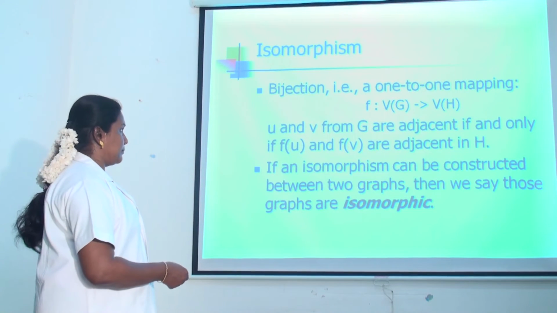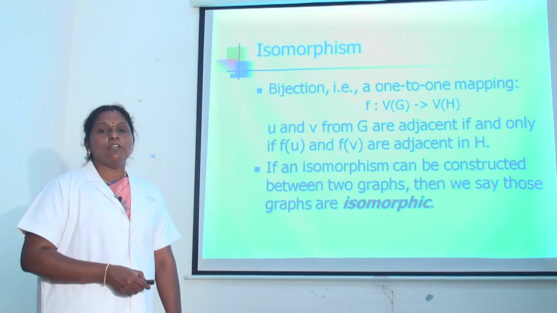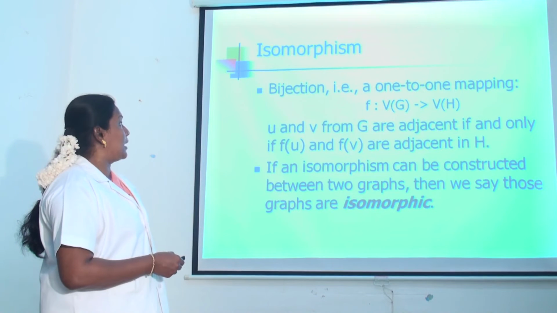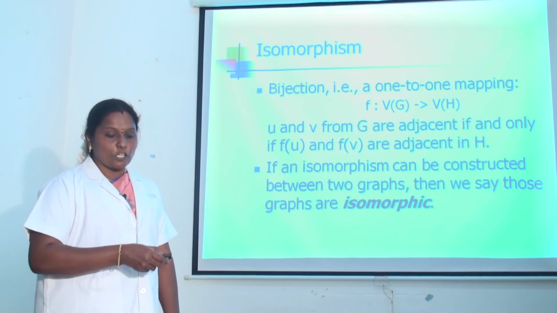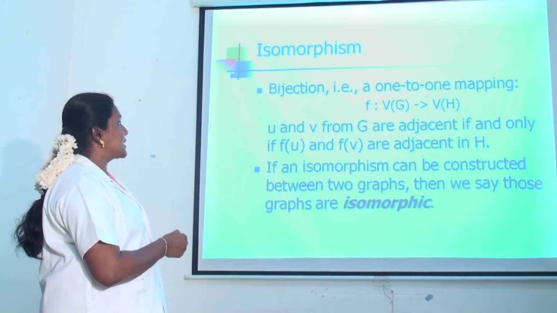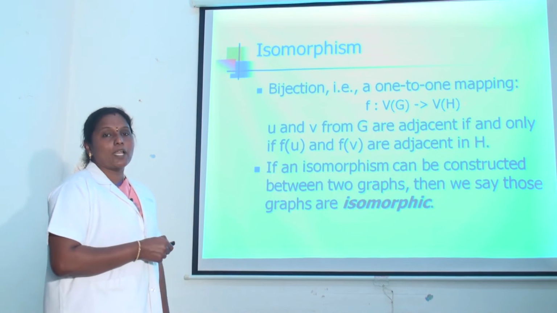And then isomorphism. Already we know that in algebra, the bijection property holds. Bijection means one-to-one and onto.